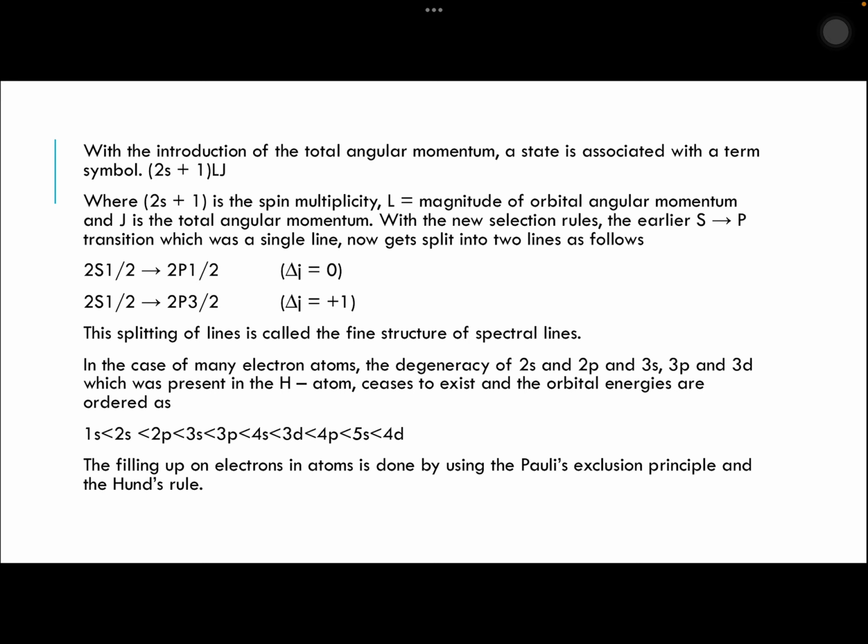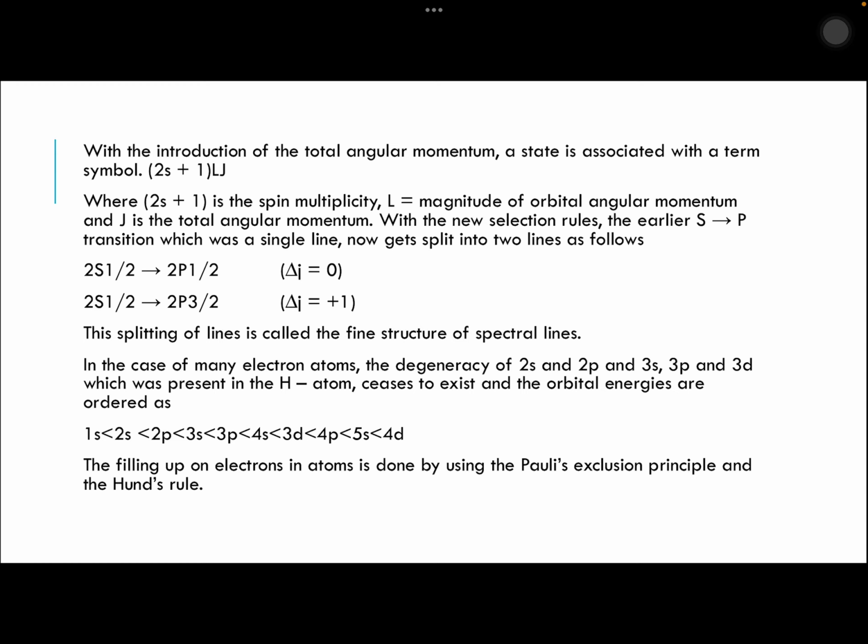The splitting of the line is called the fine structure of spectral lines. In many-electron atoms, the degeneracy of 2s and 2p, and 3s, 3p and 3d, which was present in the H atom, ceases to exist, and the orbital energies are ordered as below.